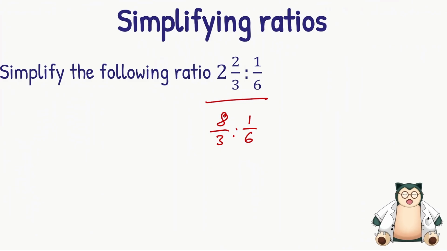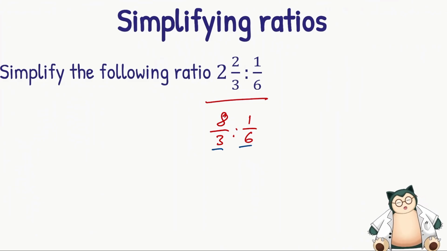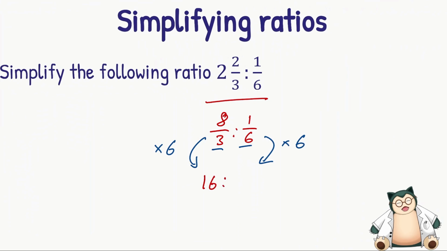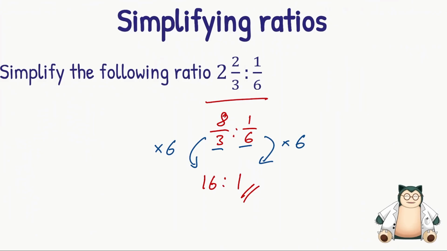So we want to get rid of the denominators to get whole numbers. We have 3 and 6 over here. We simply multiply by 6 on both sides to remove the denominators entirely. So 8/3 multiplied by 6, in our calculator we get 16. And on the right side we simply get 1. Just nice. This is our simplest ratio because 1 cannot be divided any smaller. So this is our final answer.